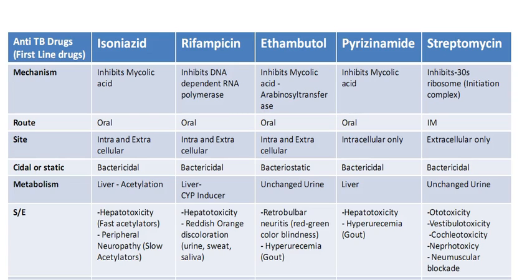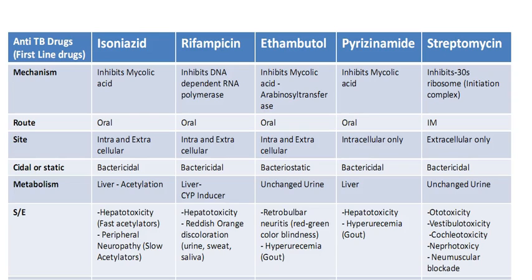The route of administration of rifampin is mainly oral. It comes as tablets. The site of action of rifampicin, like isoniazid, is both intra as well as extracellular, that is, within the macrophages as well as outside macrophages. And rifampicin is bactericidal, that is, it kills Mycobacterium tuberculosis.